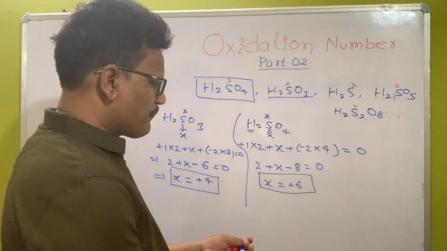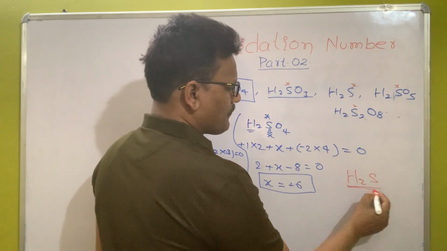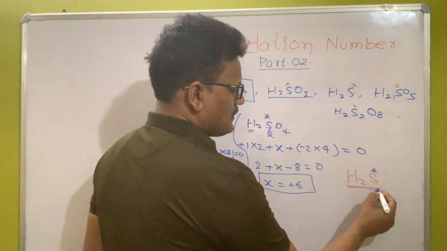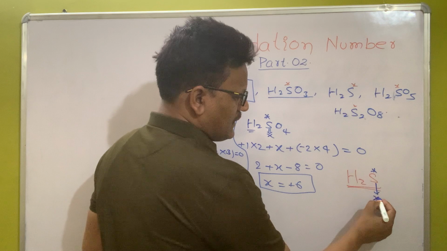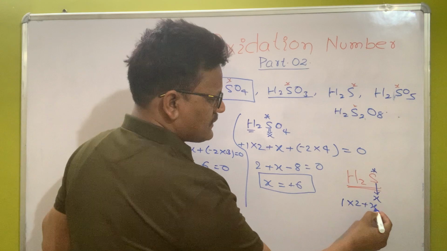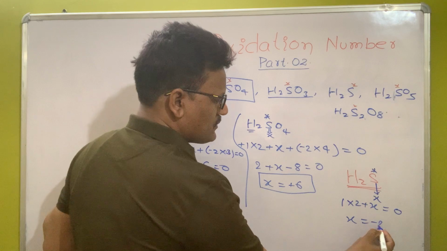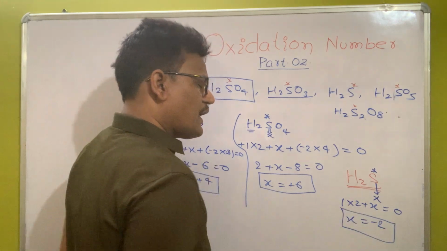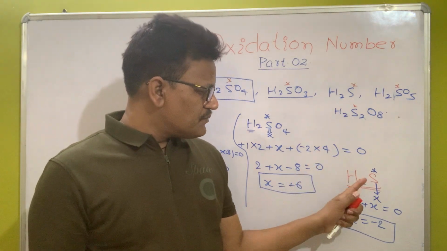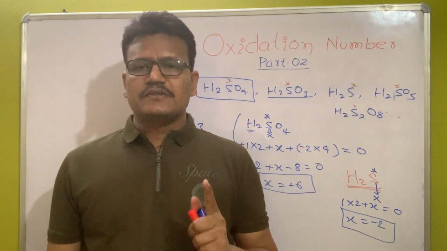In H2S, suppose the oxidation number of S is x. So 1 multiplied by 2 plus x is equal to 0. So x equals -2. So in hydrogen sulfide the oxidation number of sulfur is -2, and -2 is the minimum oxidation number of sulfur.